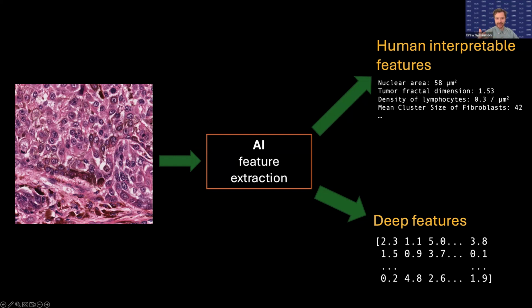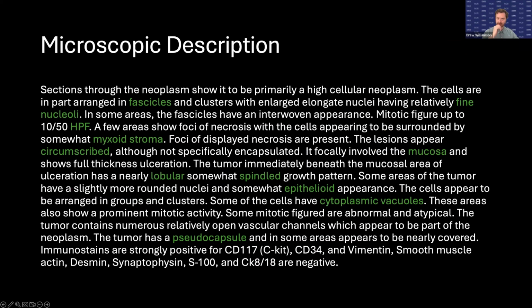And both of these things throw away all the work that pathologists have done using our natural neural networks to understand histology images. If we go back and look at the microscopic description of that gastrointestinal stromal tumor I showed a while ago, there's all this pathology jargon that we use that has very clear meanings to other pathologists, and maybe to the treating clinicians, about what's going on in the histology image and that describes something about the behavior of this image.